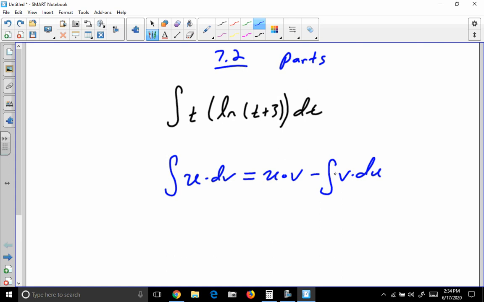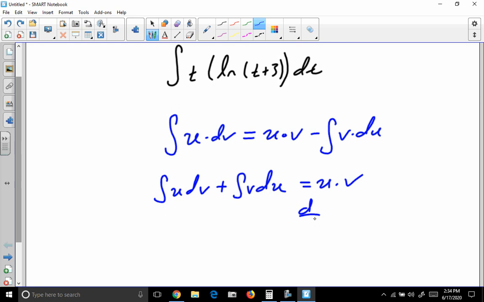If we add this to the other side, that's the integral of u dv plus the integral of v du equals u times v. And if we take the derivative of both sides, then essentially the derivative of u times v is u dv plus v du.